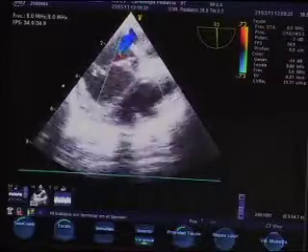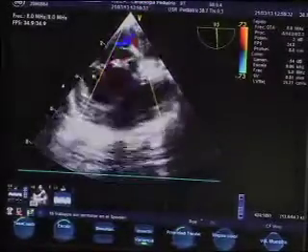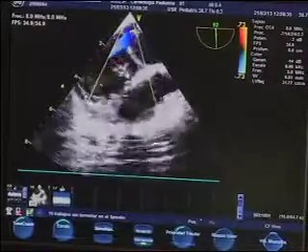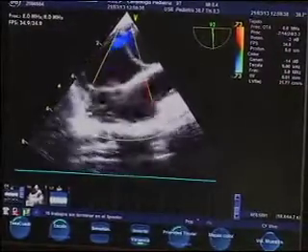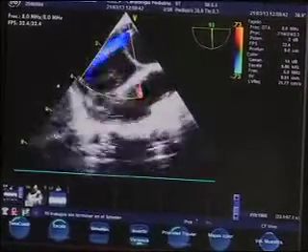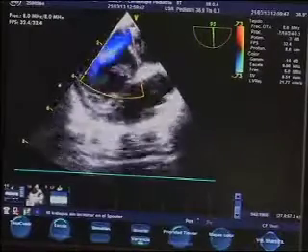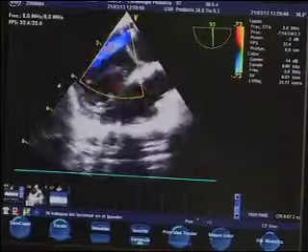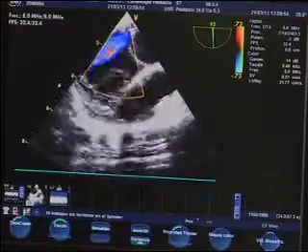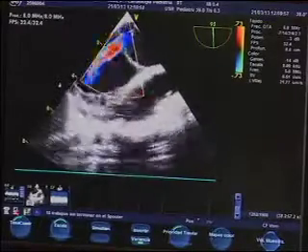Quita 2D. Quítale ganancia el 2D. Quítale más. The catheter is through the DSD. Can you put the Doppler sample? Okay.